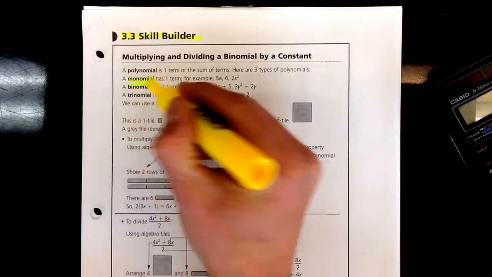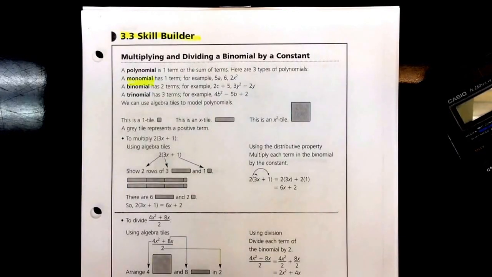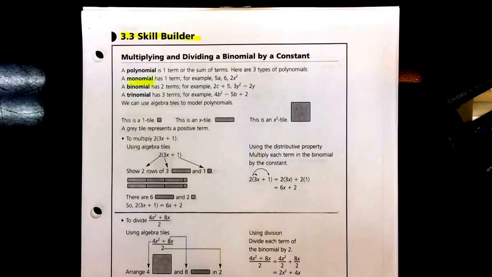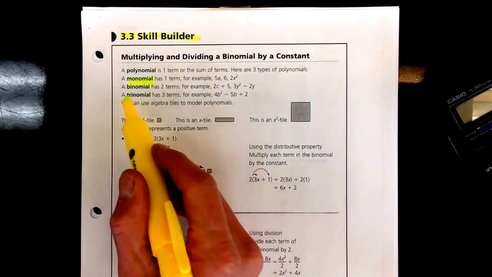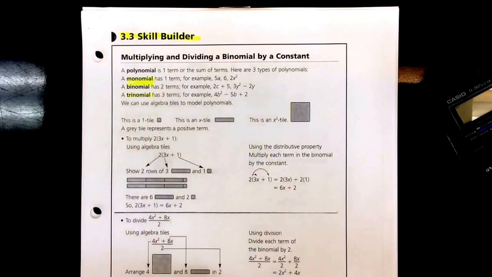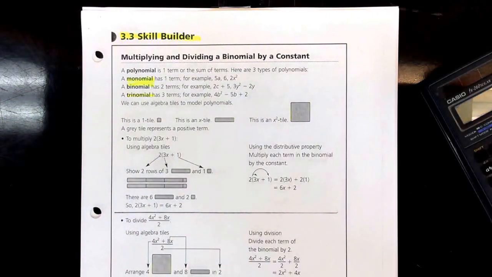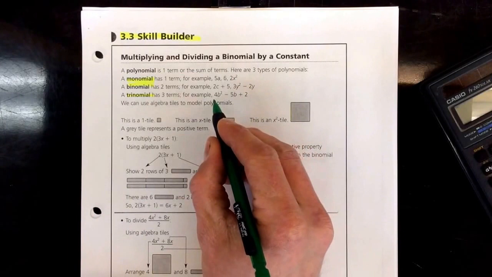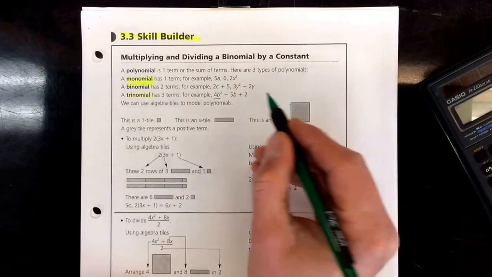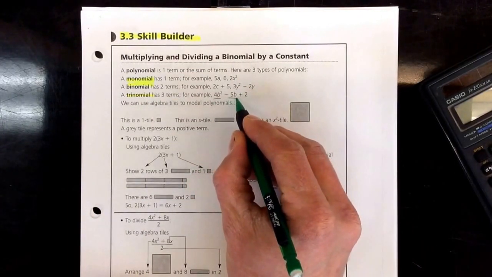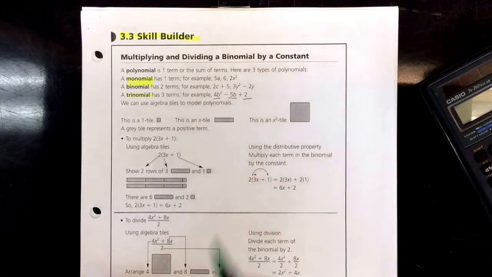A binomial has two terms, like 2c plus 5, or 3y squared minus 2y. A trinomial has three terms, for example, 4b squared minus 5b plus 2. The three terms are 4b squared, minus 5b, and plus 2.